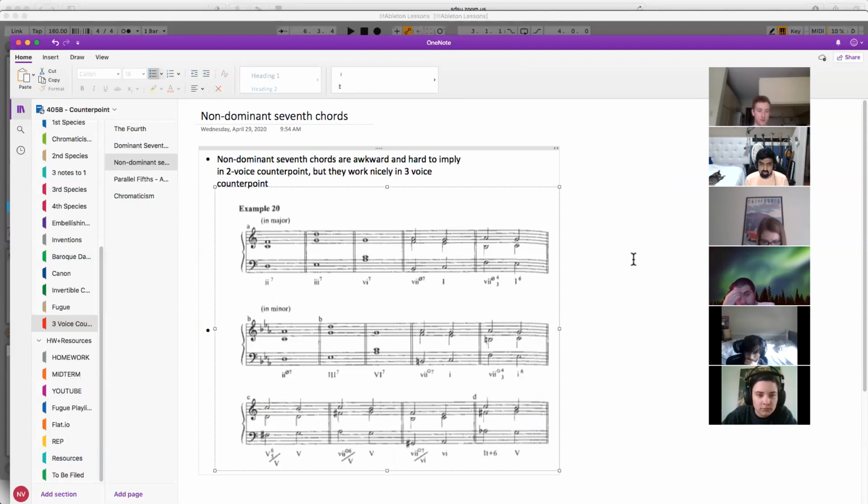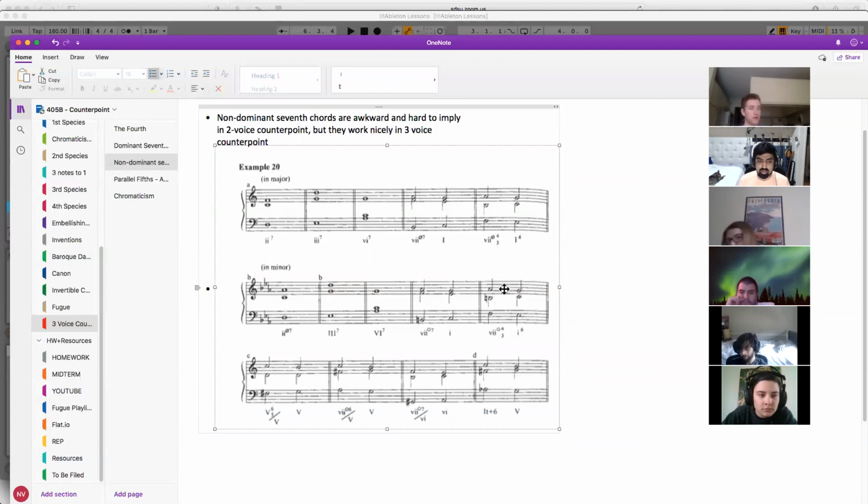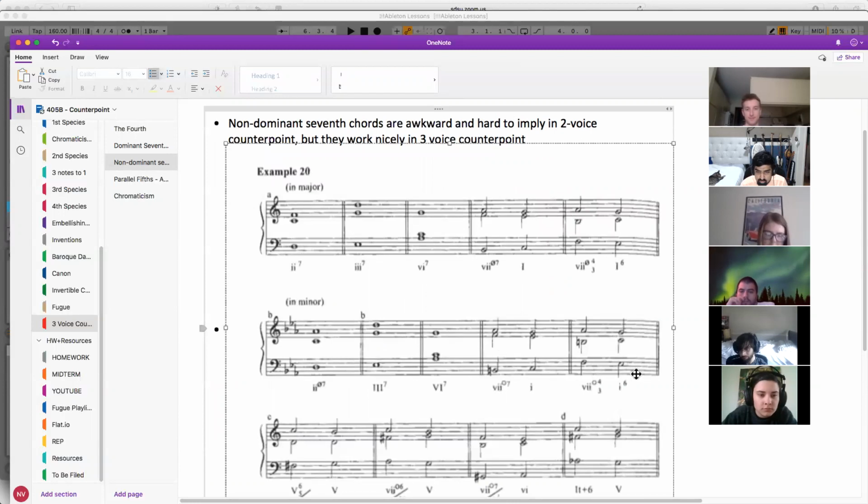So it just follows that you can construct seventh chords on scale degrees of the key that you're working in, and you can imply them with only three notes, including secondary dominants. Let me just play through these continuously. Zoom in a little bit.